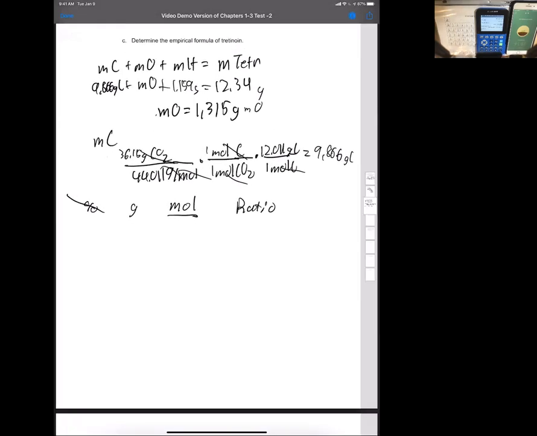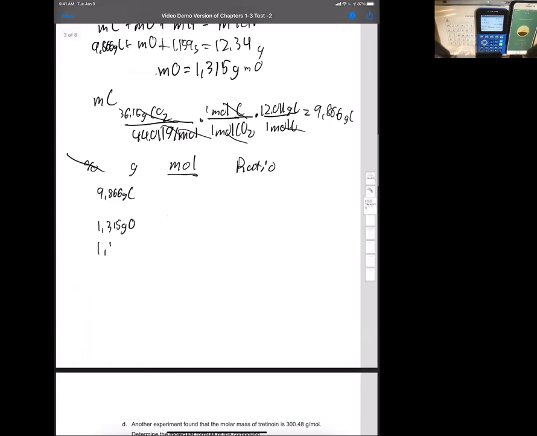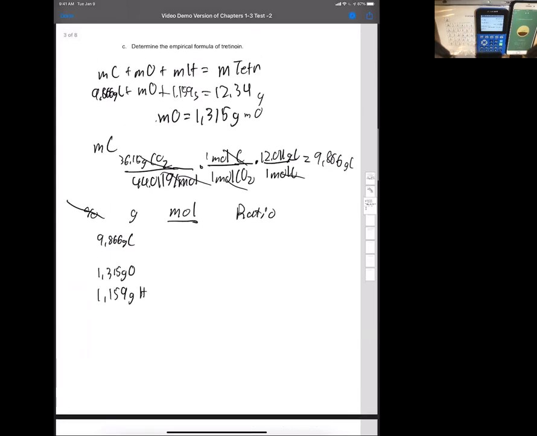It's going to be C first, which is going to be 9.66 grams of C for every 1 O. Next, for moles, we just convert this to moles.